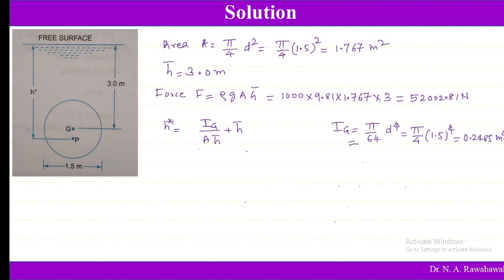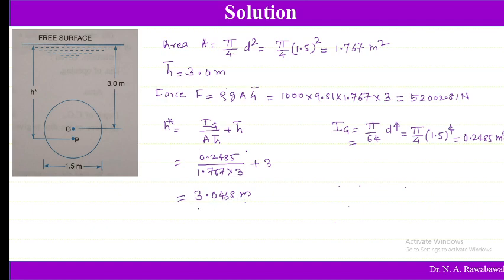This is Ig. Now we can substitute this data: 0.2485 divided by area 1.767 into H bar 3, plus 3. On simplification we get H star as 3.0468 meters.